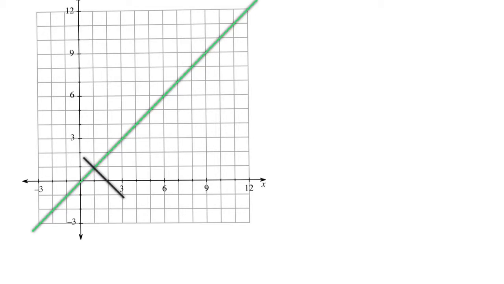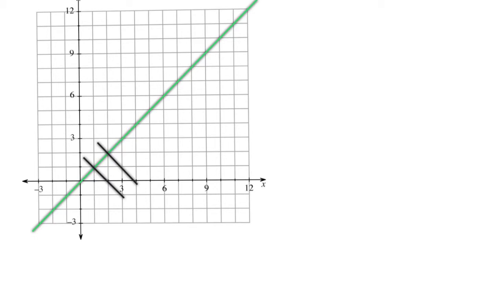If you look at the point 1, 4, for example, you can see that it also would form a perpendicular line if you connected it to its reflection point.